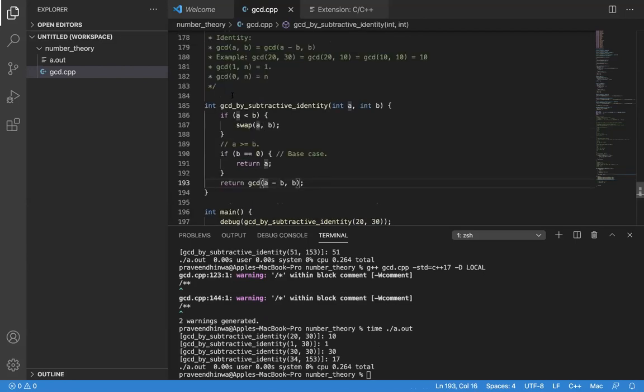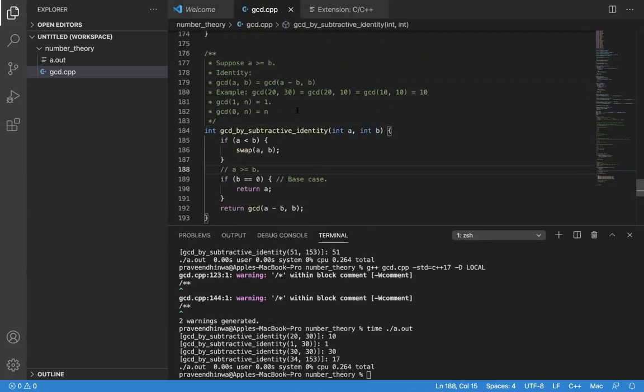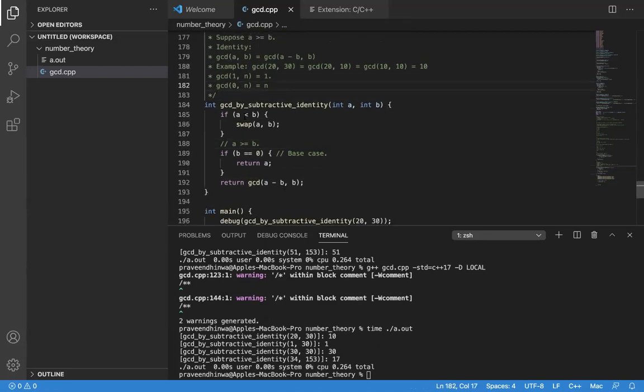So is this function clear to everyone? Why does this function work? If b is equal to 0, this is your base case, then you are sure that GCD is going to be a, because of the property that GCD of 0 comma n is equal to n.